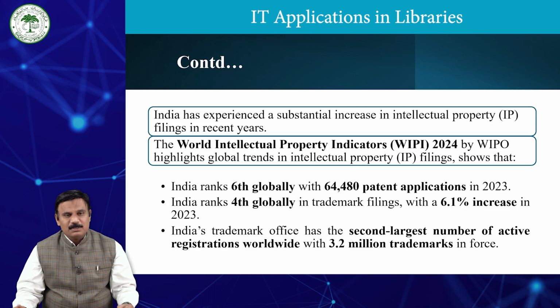India also ranks 4th globally in trademark filings with a 6.1% increase in 2023. India's trademark office has the second largest number of active registrations worldwide, with 3.2 million trademarks in force.